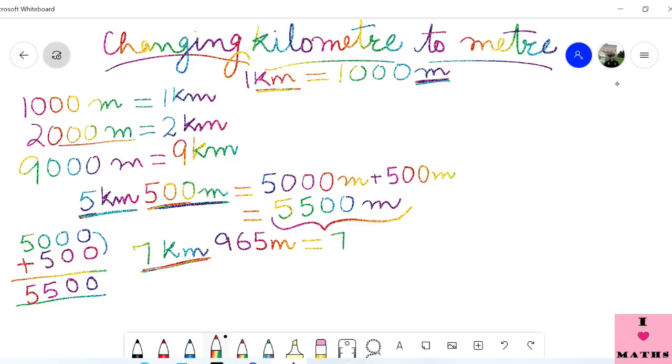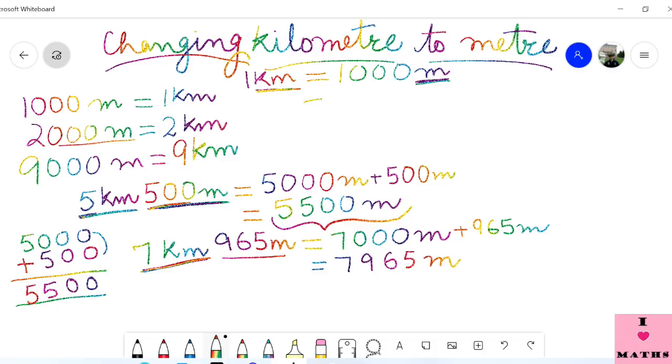So 7 kilometer is 7,000 meter, and 965 meters are also there. So I'm going to add 965 to 7,000. So the answer will be 7,965 meter. How I did it?